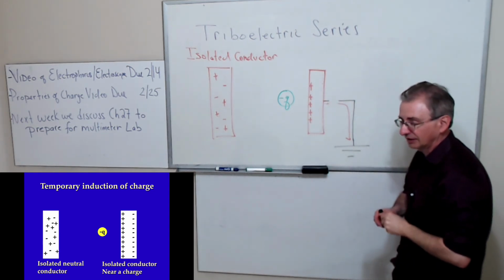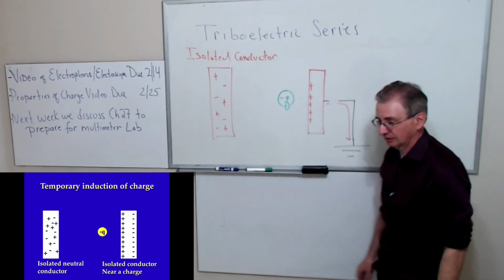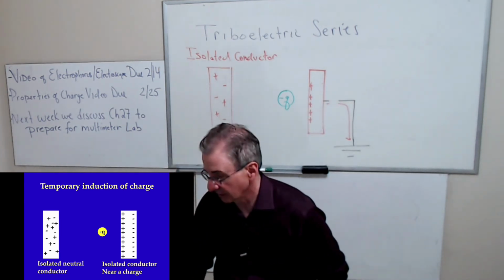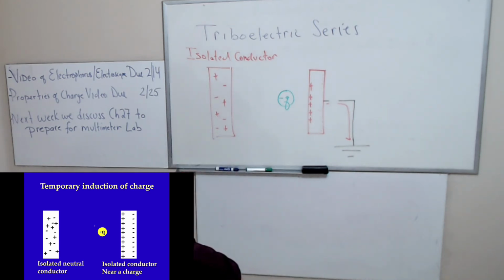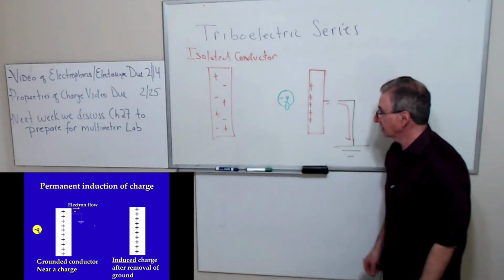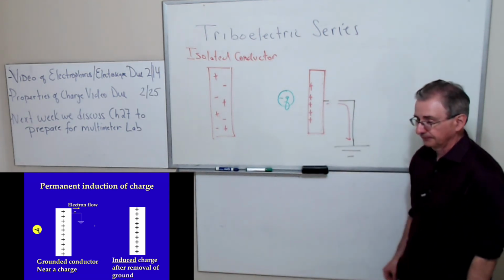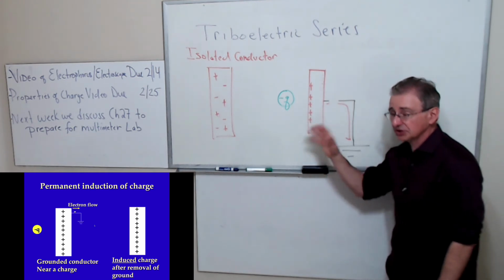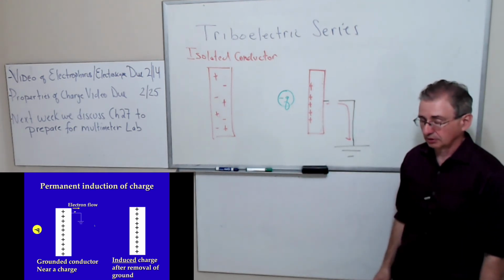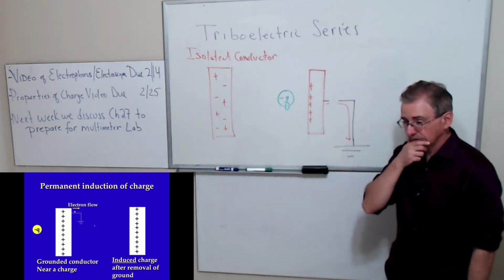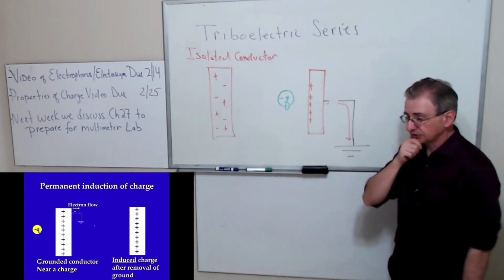What happens when I do that? I'm left with a positively charged conductor. This is charging by induction. This is what you're doing with the electrophorus. Let's call it charging by induction.